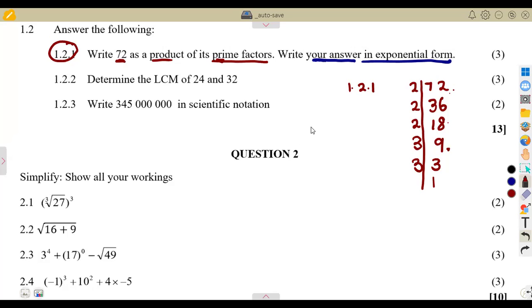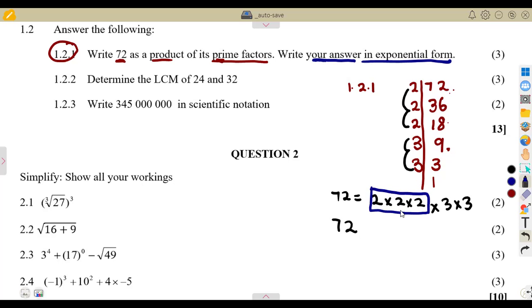Remember that. So this 72 that we are seeing here as a product of its prime factors, this 72 is the product of these numbers: 2 times 2 times 2 times 3 times 3. Remember, when I talked about exponents, 2 is multiplying itself how many times?